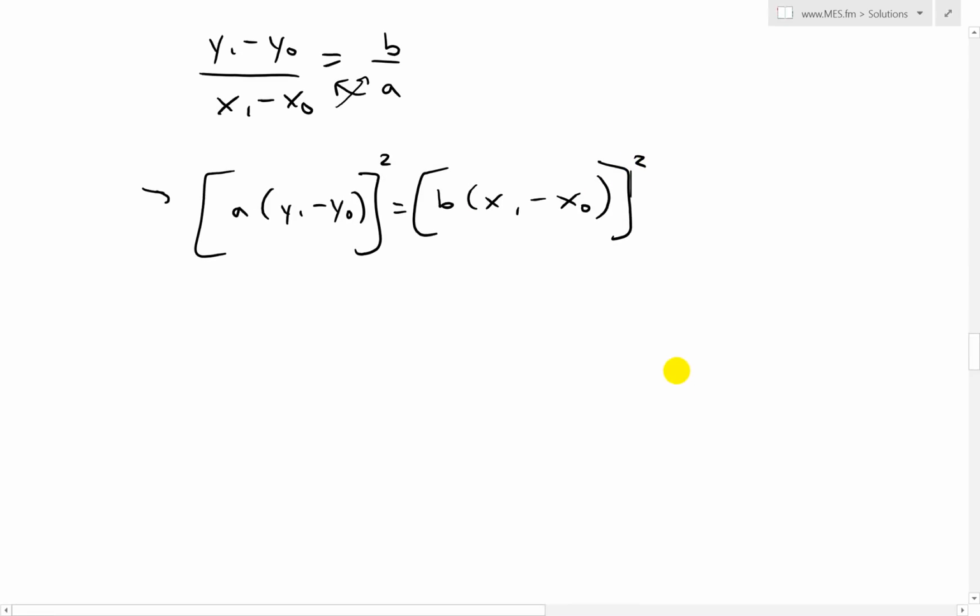What we end up getting is a squared (y1 minus y0) squared, then we move this over to the other side, minus b squared (x1 minus x0) squared, and this equals 0.